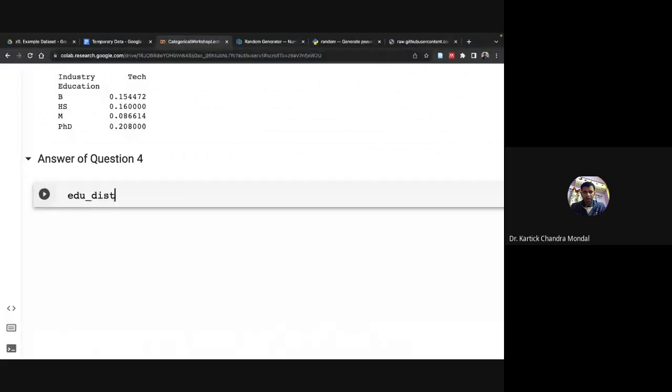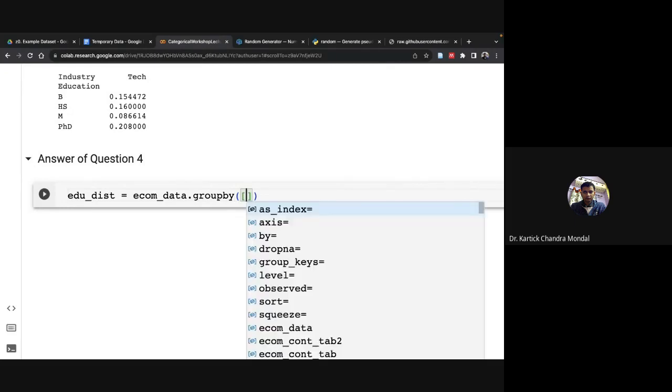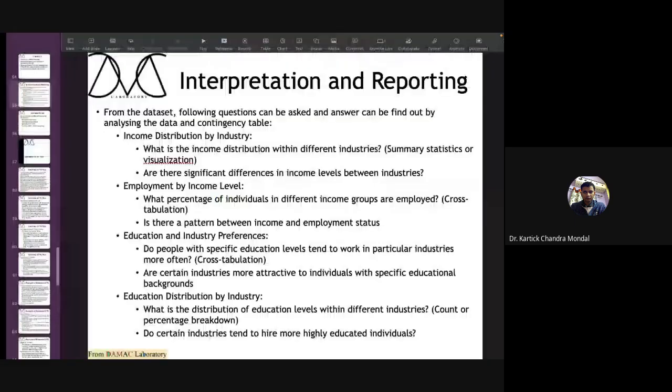Education distribution, ecom data dot group by industry and education.